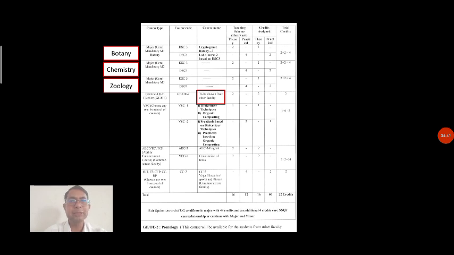Again the VSC subject is the fifth subject or fifth paper, which is given to the student. Then English is compulsory, and Constitution of India and yoga education. So overall, the total theory given to the student is nothing but 7 papers.